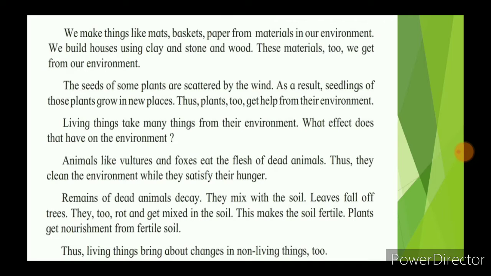These materials too we get from our environment. The seeds of some plants are scattered by the wind. As a result, seedlings of those plants grow in new places. Thus, plants too get help from their environment.